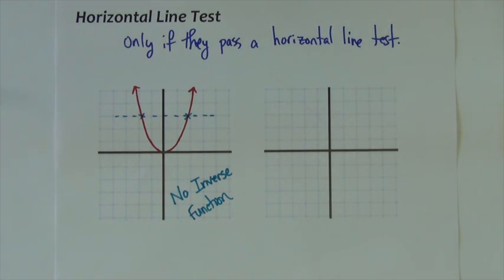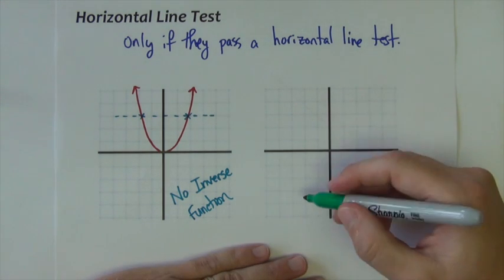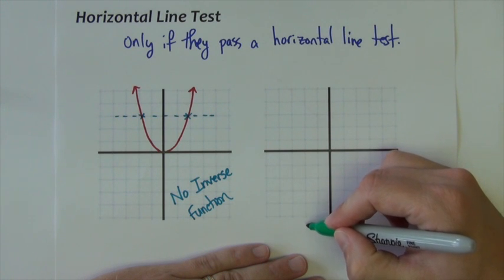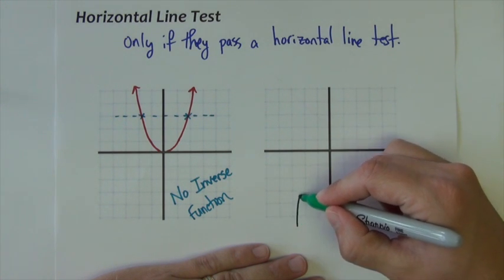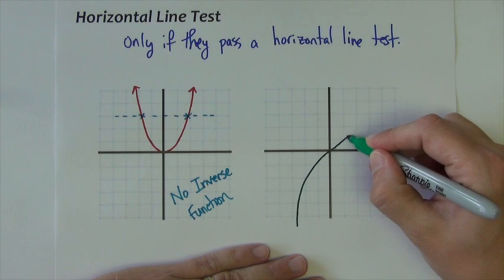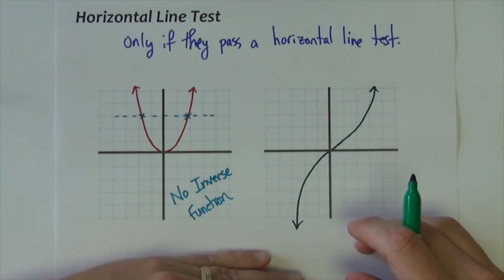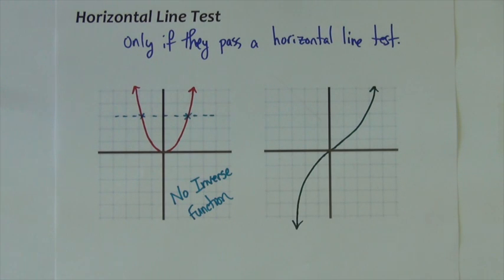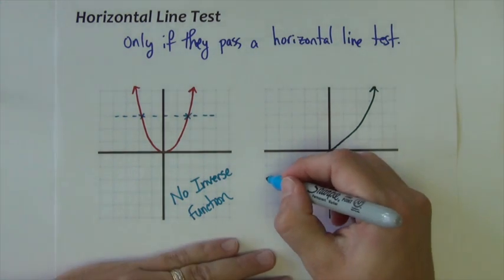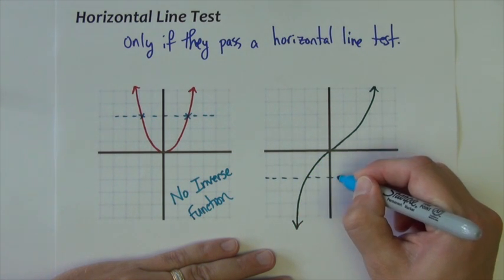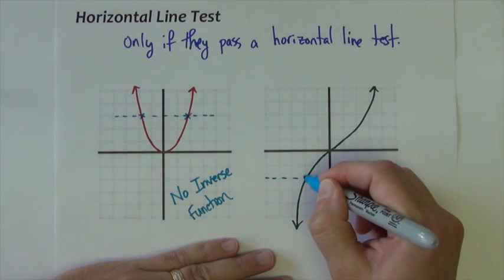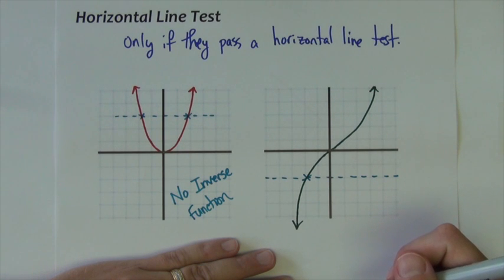On the other hand, if I were to give you a function like this, now let's just say I give you some sort of cubic looking function. Okay, well, anywhere I put a horizontal line on this graph, it only intersects it at one point.